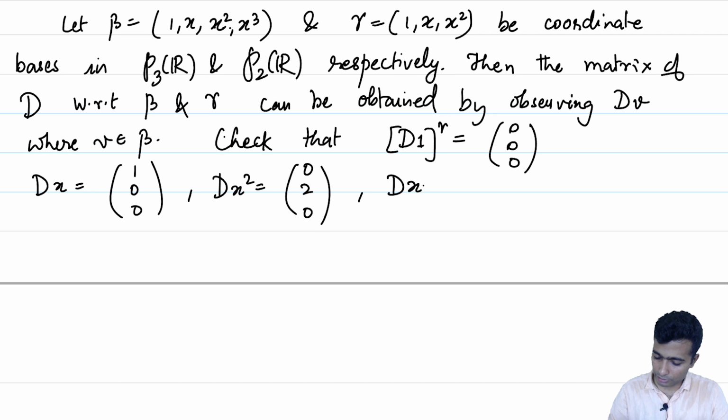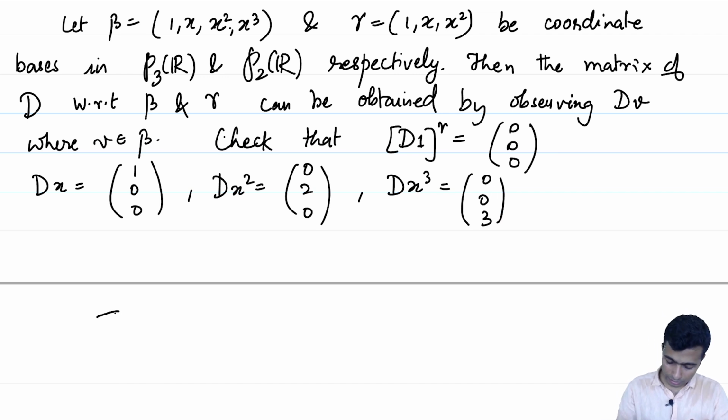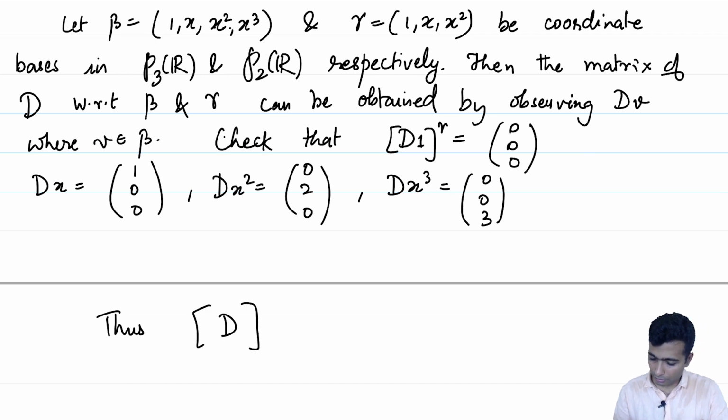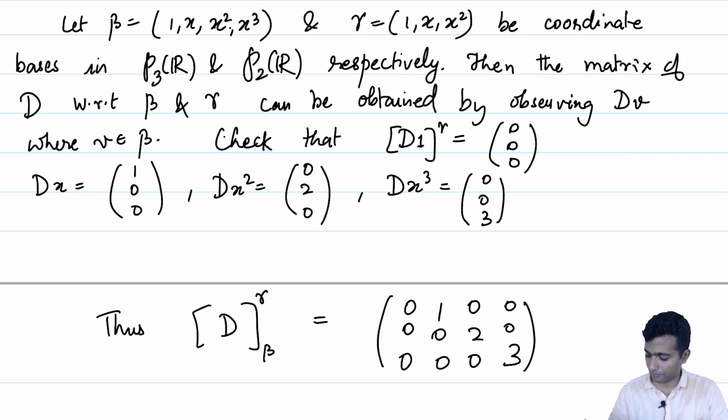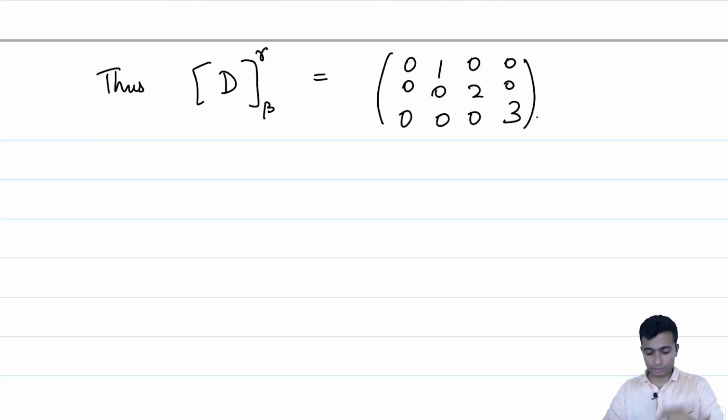And what is dx cube? This is going to be equal to 3x square, which is 0 0 3. Thus, the matrix of D with respect to beta gamma will be 0 0 0, 1 0 0, 0 2 0, 0 0 3. Let us now check that this representation indeed is working.